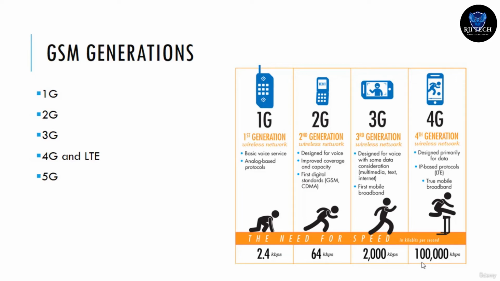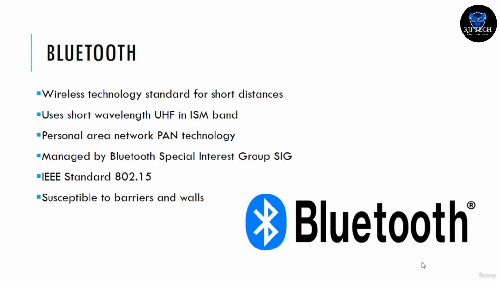We can see in the fourth generation more security features, and as well we can see the fifth generation that is still coming and in progress, having more bandwidth and more availability for video communication and more security features than the fourth and the third and the second generations.